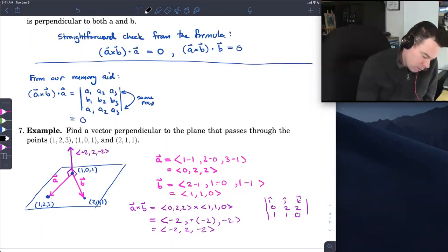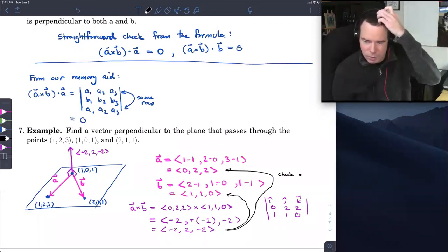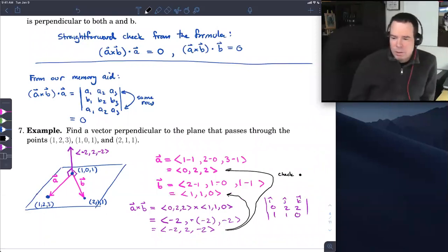So is the dot product of that and that 0? And is the dot product of that and that 0? So if we do it with the vector A, yep, we got 4 minus 4 is 0. We do it with the vector B, we get -2 plus 2 is 0. Yeah, so it is perpendicular in this case.